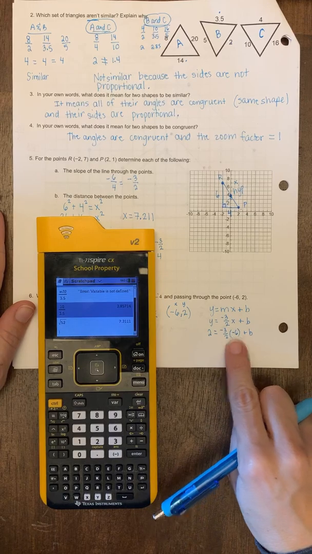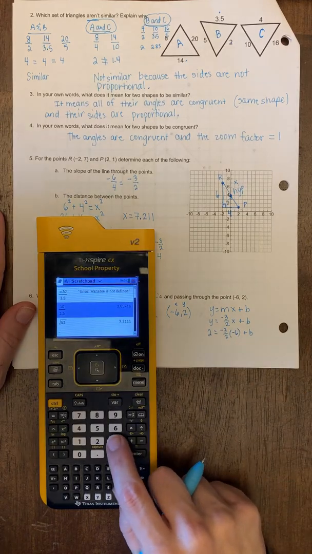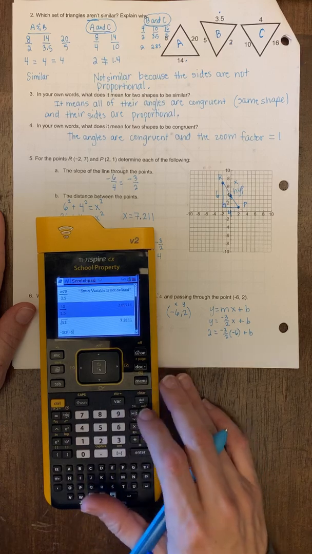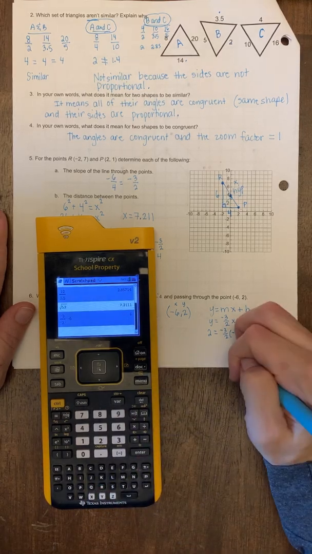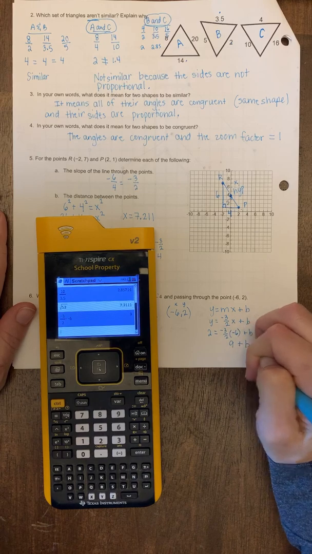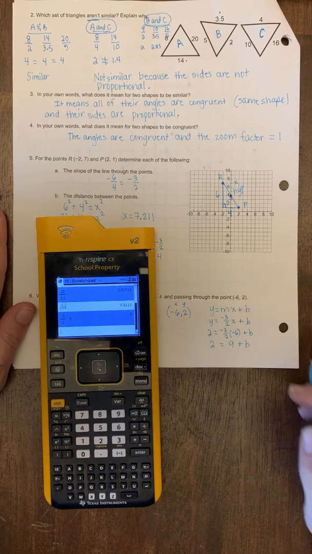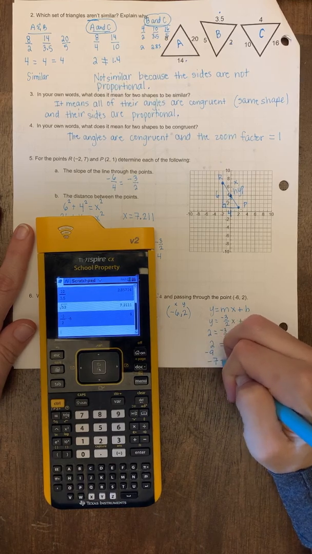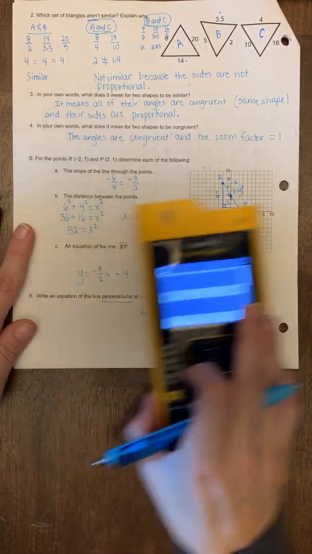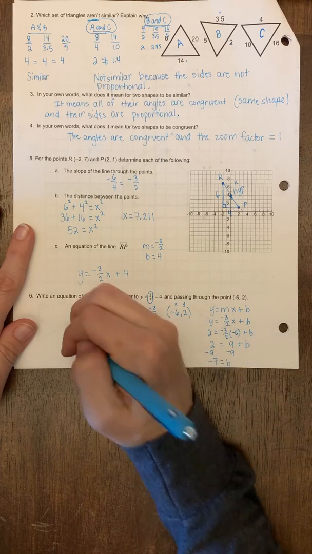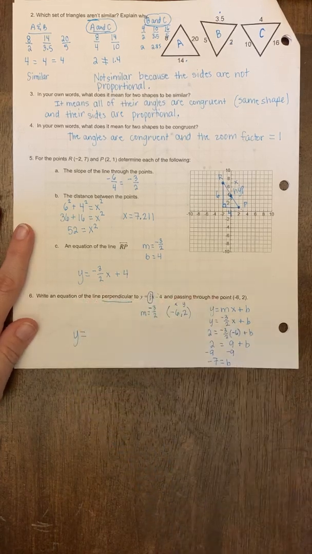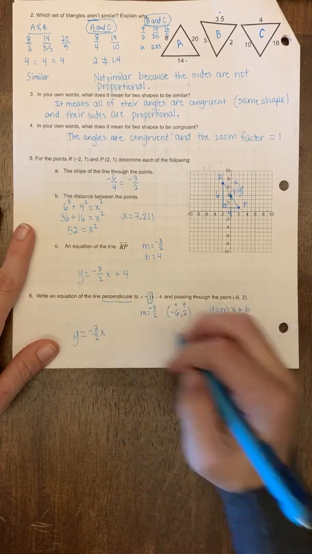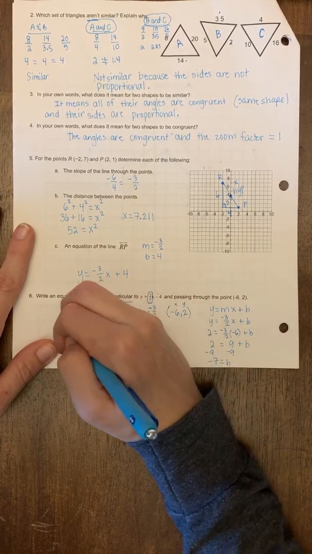If I multiply negative 3 over 2 times negative 6, I get 9 plus b, and that equals 2 on this side. I'm going to subtract 9, and b is negative 7. That's not your final answer. Your final answer is an equation of a line: y equals negative 3 over 2x minus 7. That's your final answer.